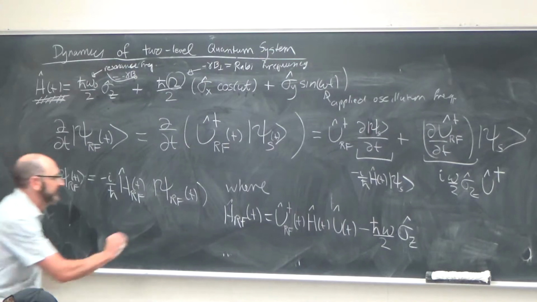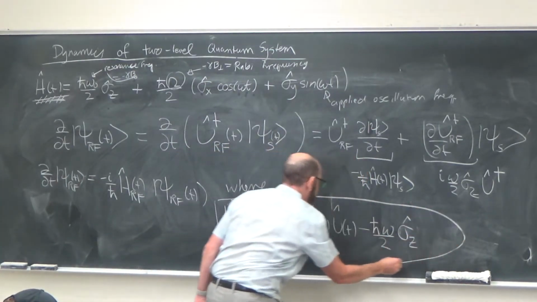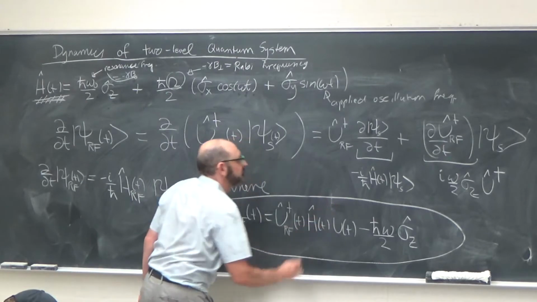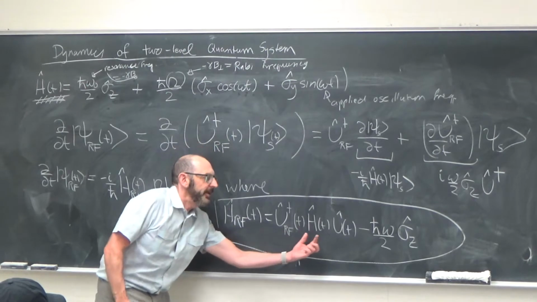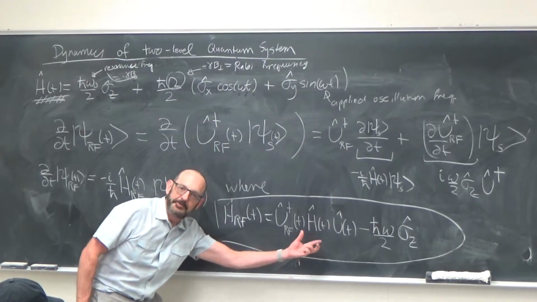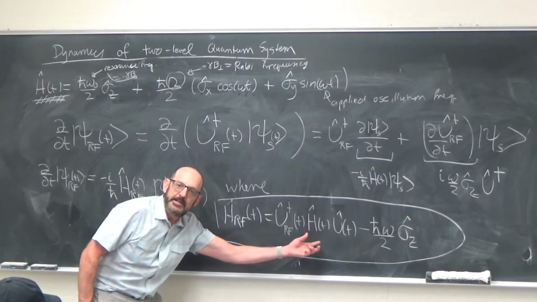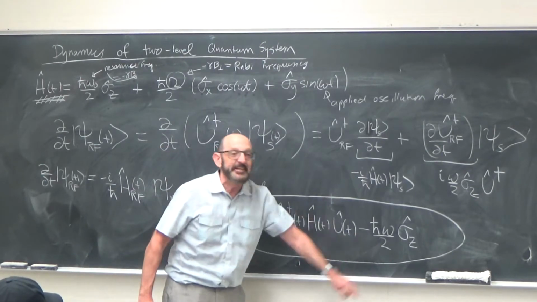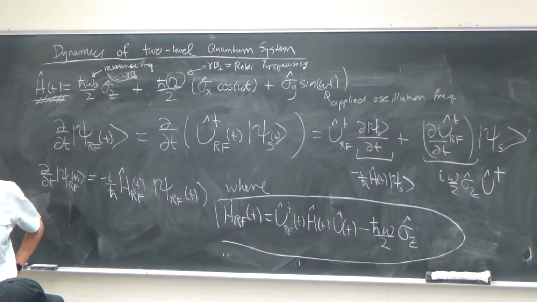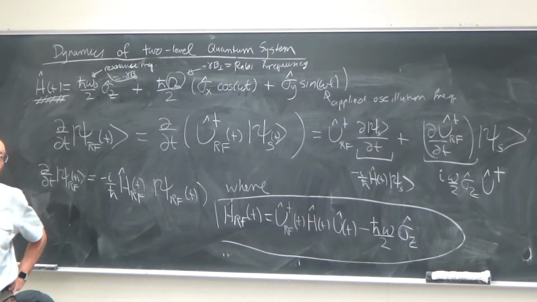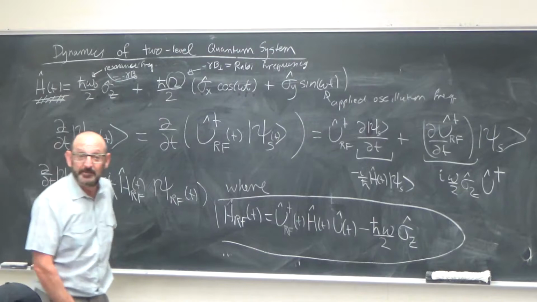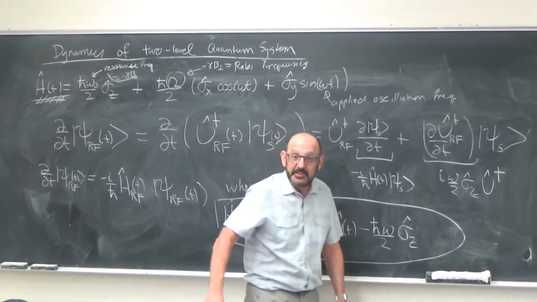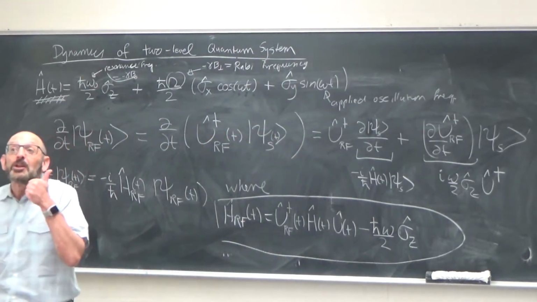Right? So let's look at this carefully. In the rotating frame, we have to transform the operators according to the unitary transformation corresponding to the frame. But as was said, there's this additional term here. And look what that additional term is. That additional term is like a fictitious magnetic field. It's like an additional magnetic field in the z direction, but in the minus z direction in this case. And that's known as Larmor's theorem.